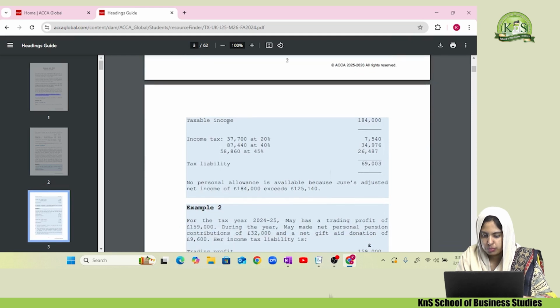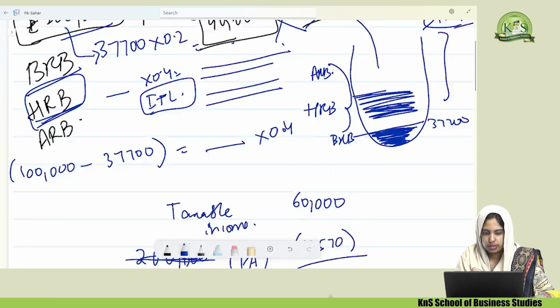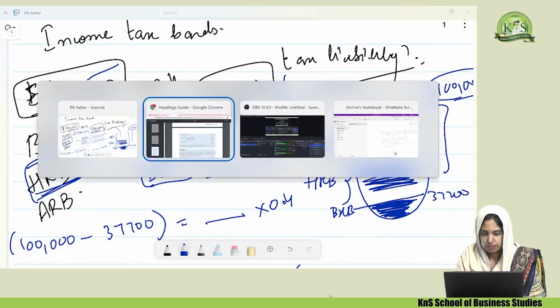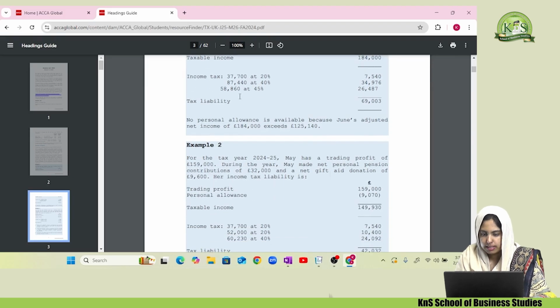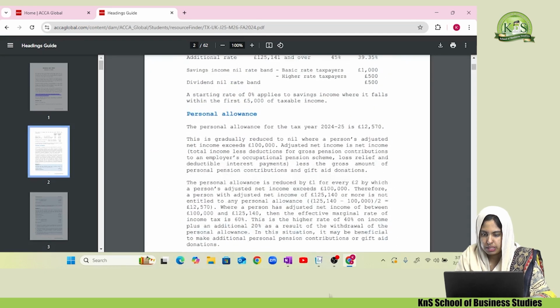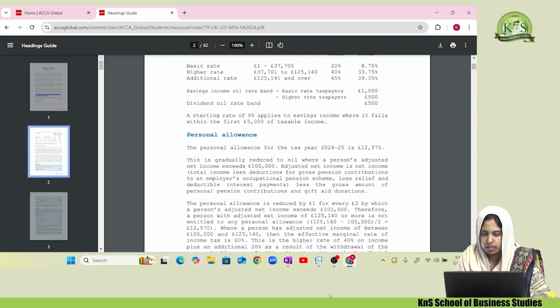Moving forward towards the taxable income, let's see how the bucket is being filled. First, 37,700, just like I told, is taxed at 20%. The answer is 7,540. Then 87,440. How did we find 87,440? Basically, we subtracted the bands to find the amount out there.